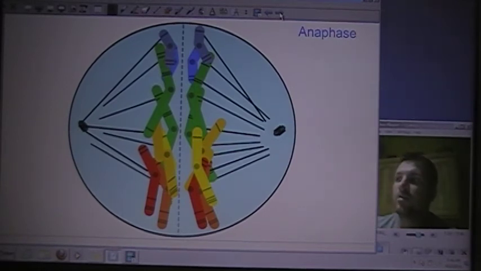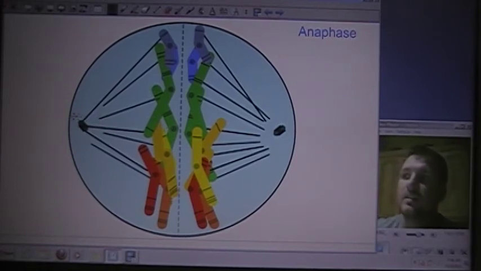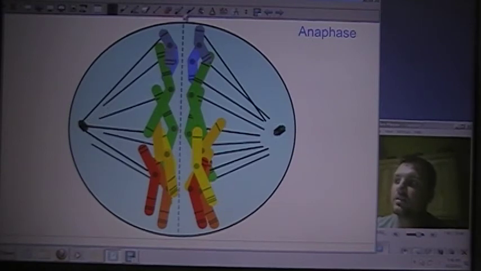As they pull and break the centromere apart, the two sides start to pull apart from one another, creating a force of the chromatids going back towards the spindle fiber, as I show in this direction here. As I draw that arrow, this one's going in this direction, and this one's going in this direction.